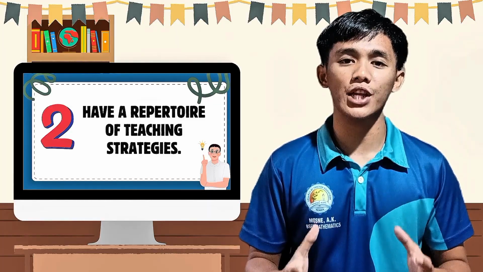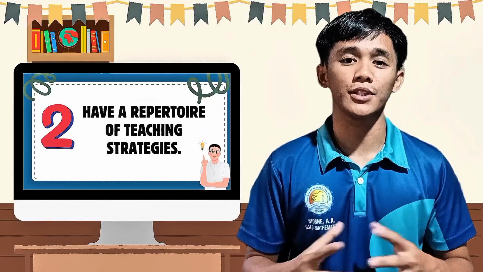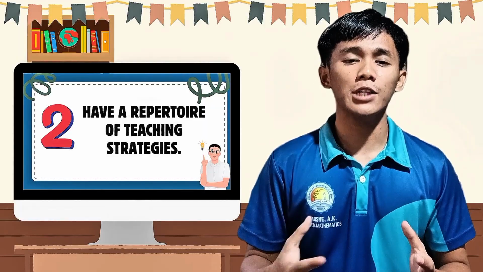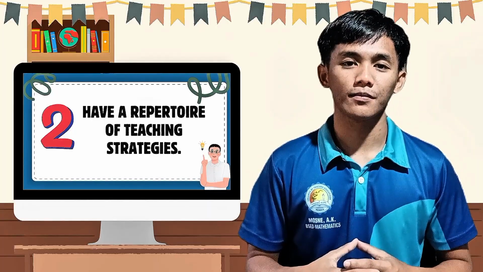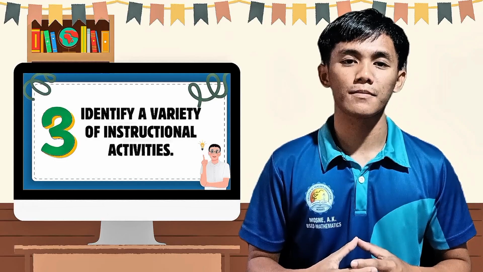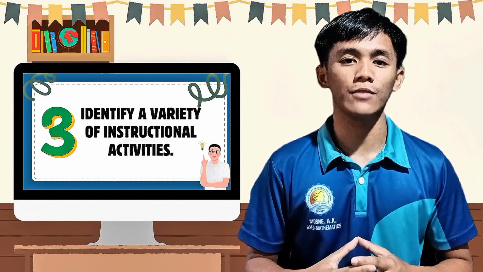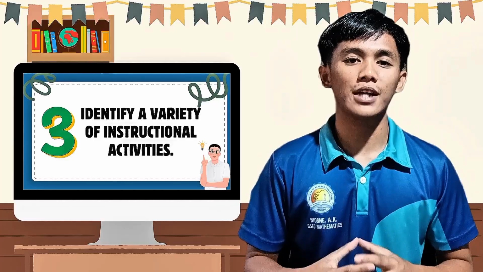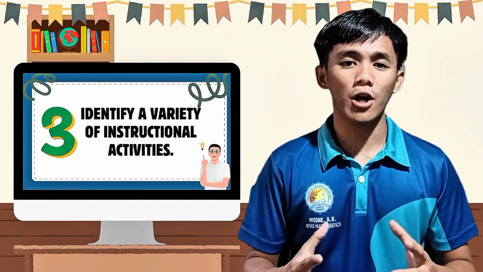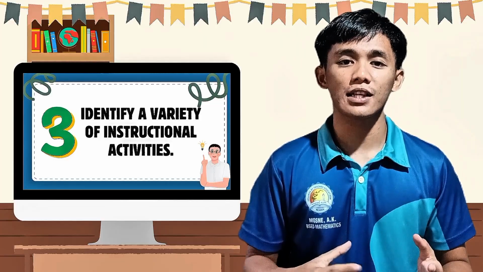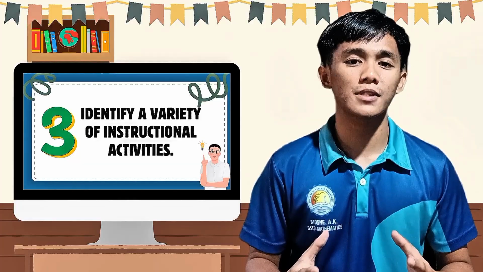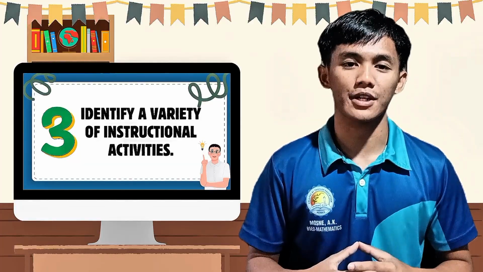Teachers should develop educational approaches that are adaptable to different learners, like cooperative learning, project-based learning, inquiry-based learning, and more. Third, identify a variety of instructional activities. Planning differentiated instruction involves developing activities that address the content, the process, and the product of learning, offering options such as learning stations, tiered assignments, or choice boards that allow students to acquire the same concepts in different ways and demonstrate mastery.